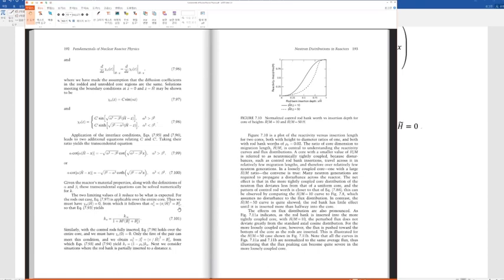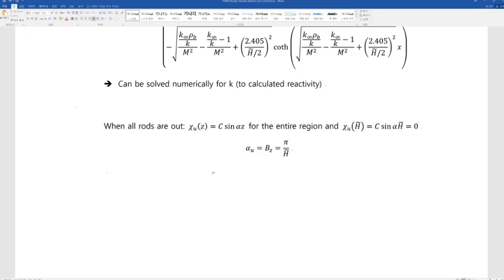And in that case also k, the multiplication factor for this case, can be found by simply comparing our parameters with the solution that can be found in the previous sections of chapter 7.